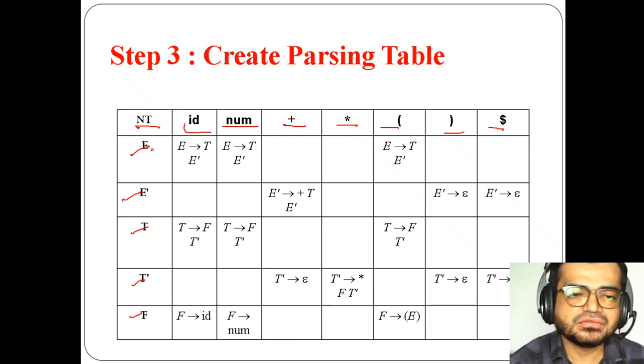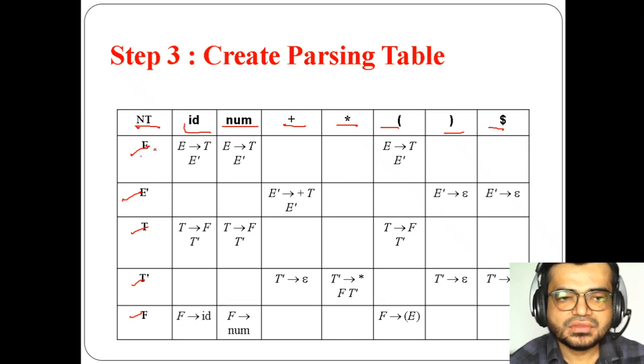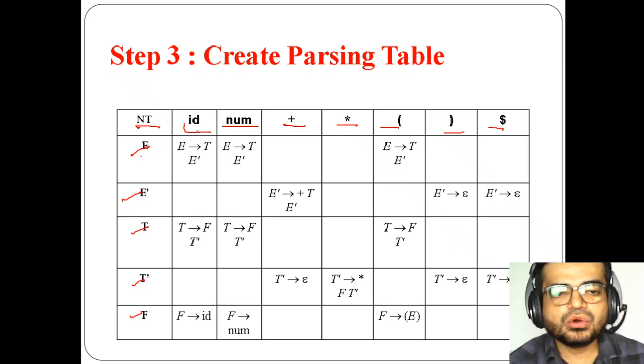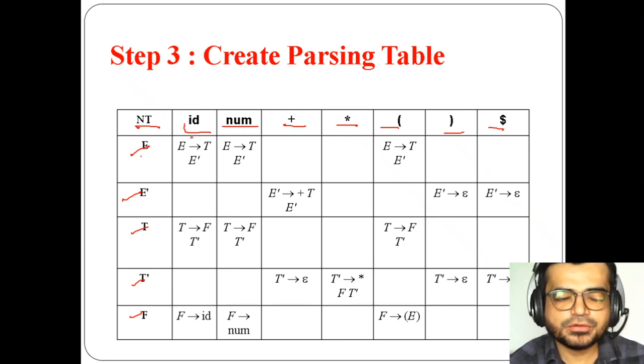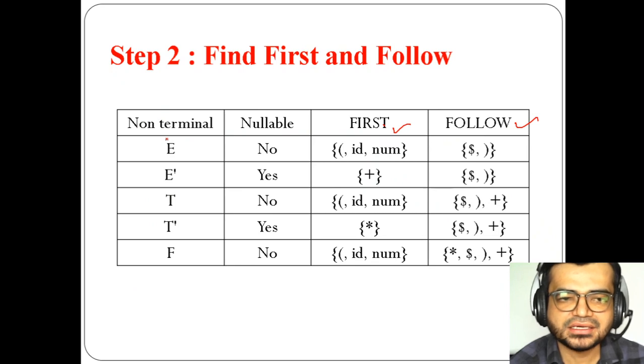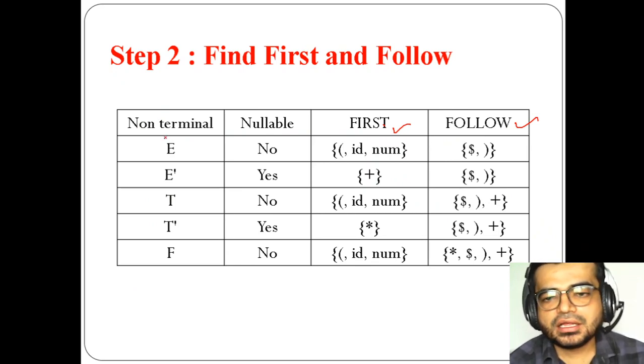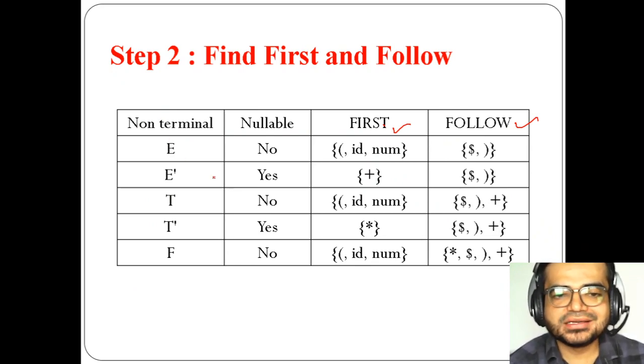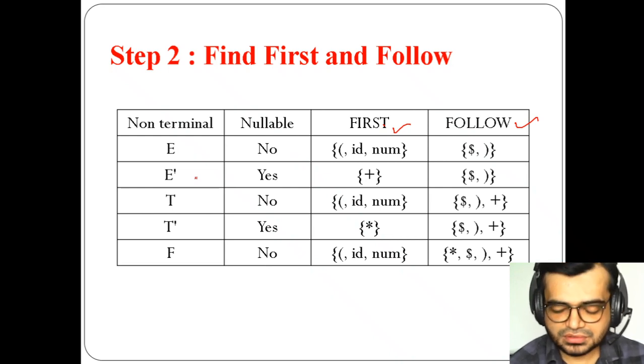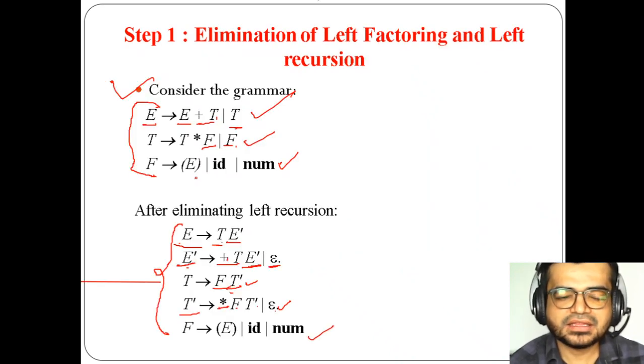First you have to see when ID comes, at what production ID can be generated with the help of E. So we need to verify here.